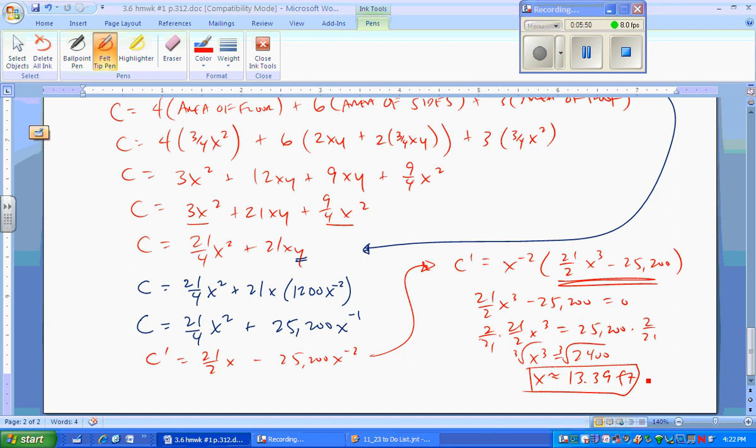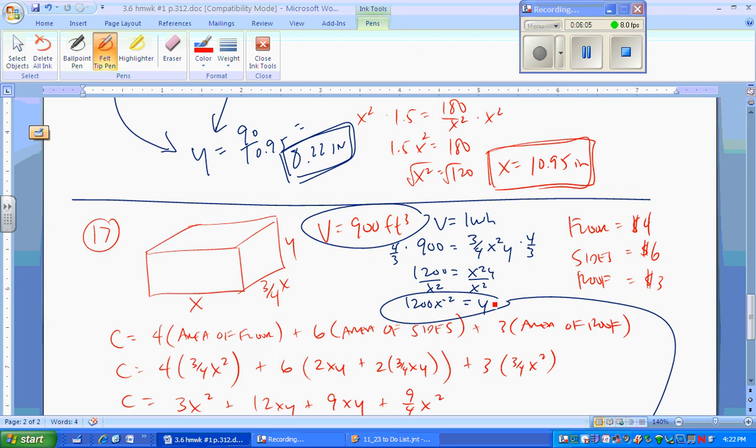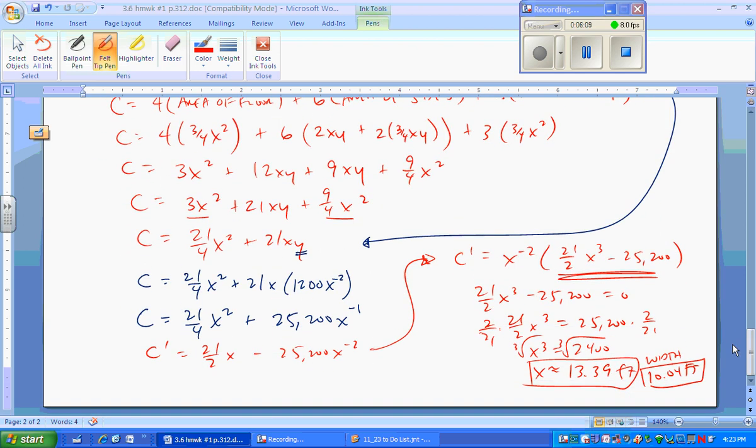So 3/4 times that gives us a width of 10.04 feet. And then the height, we need to use the equation right here to find out what y is. So the height, if we plug that in, should be 6.69 feet.